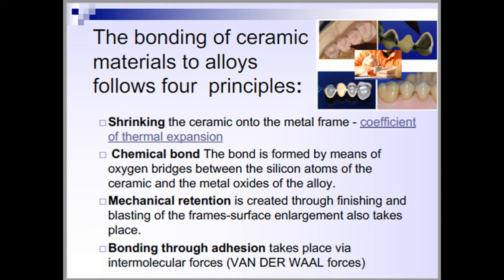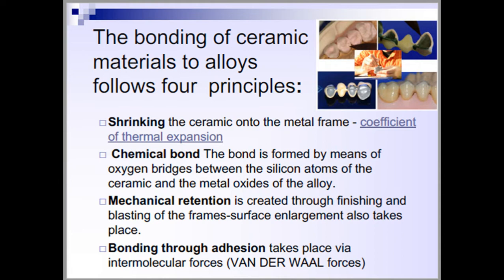So that is the ionic bonding, and van der Waals forces are very weak and can happen between different atoms. Mechanical retention is because of the roughness of the frameworks, which helps in holding the material together. And coefficient of thermal expansion: every material expands and contracts after cooling, but they contract to different extents at different temperatures.